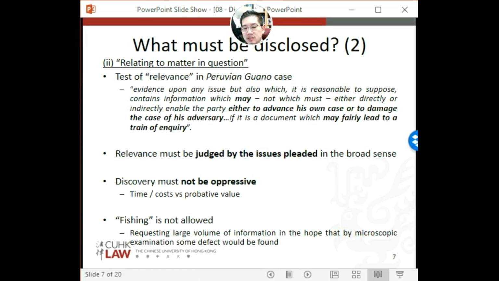There might be an argument to limit them. Fishing is not allowed. Fishing basically means I don't know whether there are relevant documents, but I'm fishing for documents. I'm asking you to disclose this, and this, and this, in the hope that I may find something that helps me. That would be fishing.